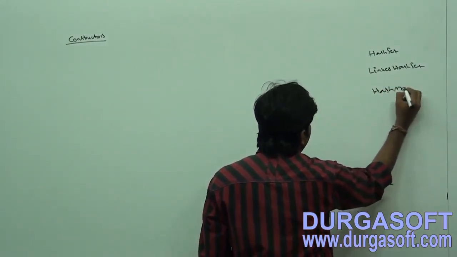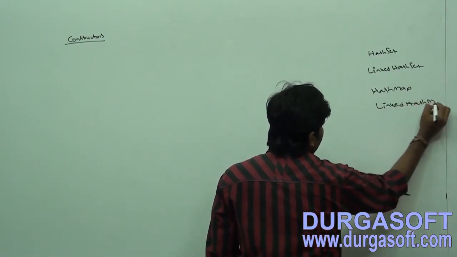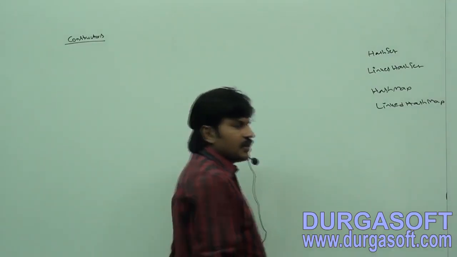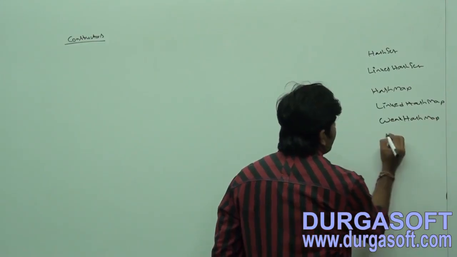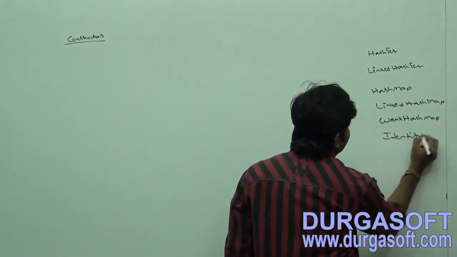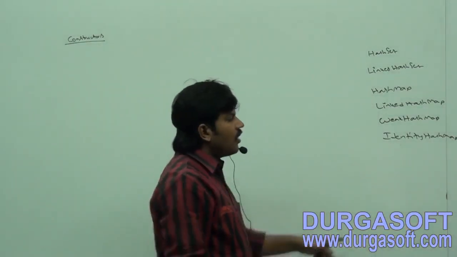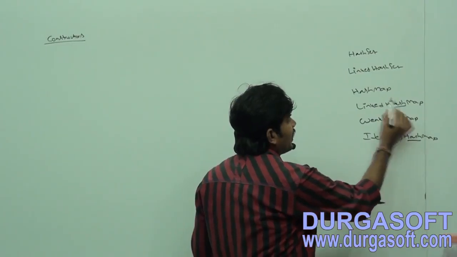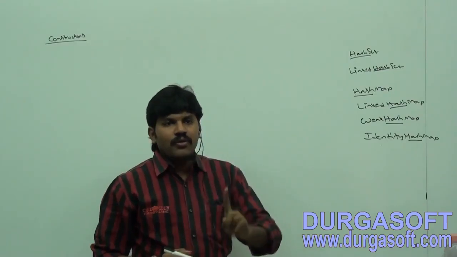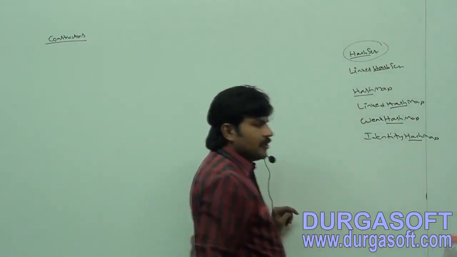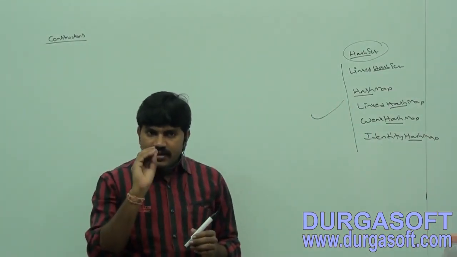Next we have HashMap and LinkedHashMap. Next WeakHashMap and IdentityHashMap. All are related to hashing based data structures only. Once you know the constructors of HashSet, the same constructors I am going to use for all the remaining ones. That's why learn carefully.